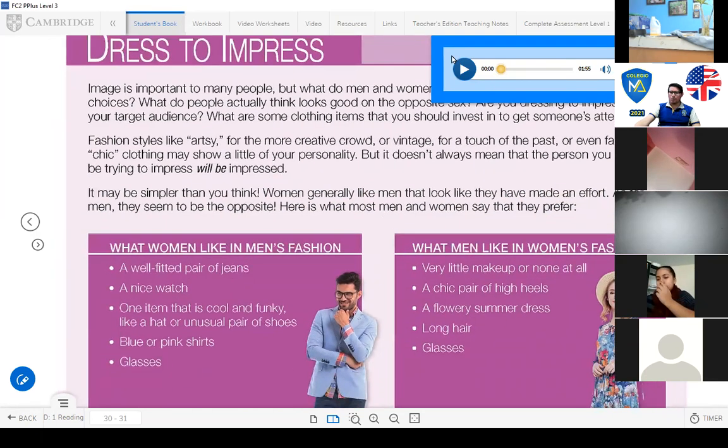It says, what women like, oh, sorry, I'm going to change the color. What women like in men's fashion. Okay. Here we have some things, ¿no? Que aparentemente le gusta a las mujeres in the men's fashion, ¿no? En la forma de vestirse de los men. A ver, vamos a ver.